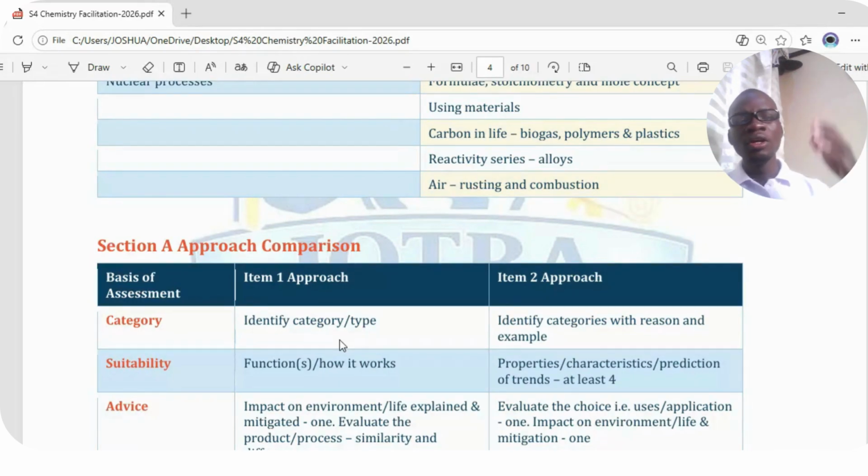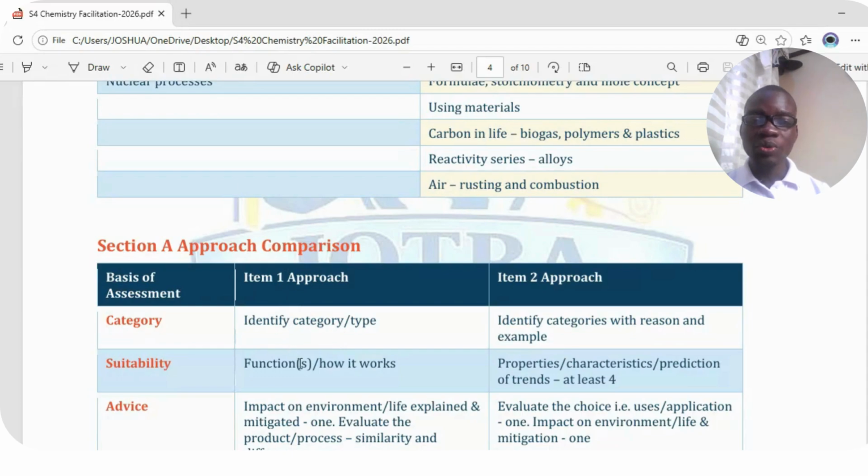If you talk about chemicals for consumers, you need to tell us the categories of the products there. When you talk about nuclear processes, always make sure that you know the two types or categories. When you talk about medicines, you need to know the two categories.